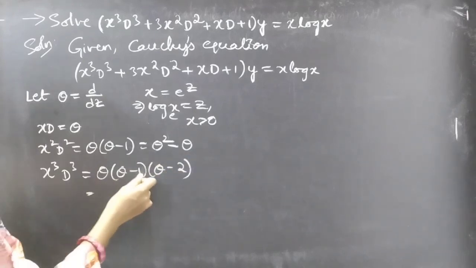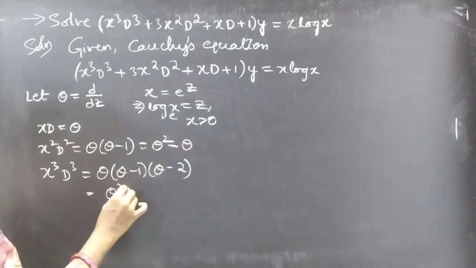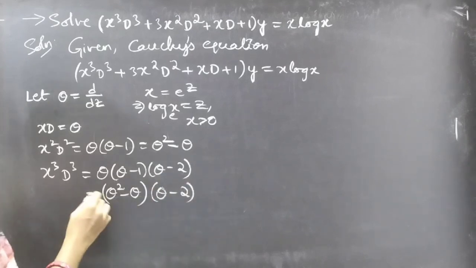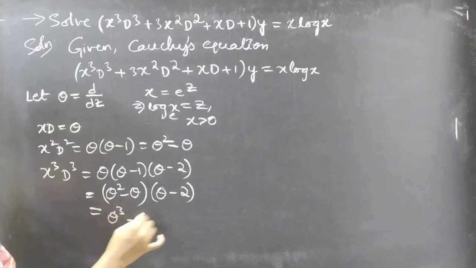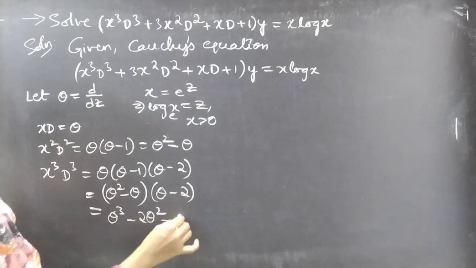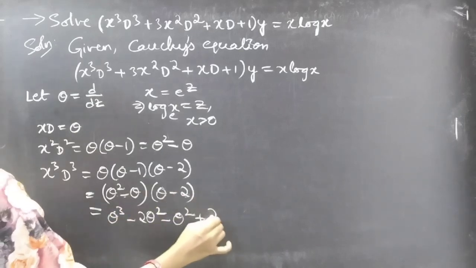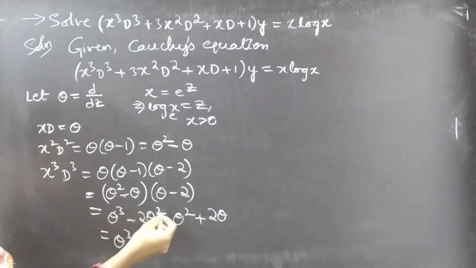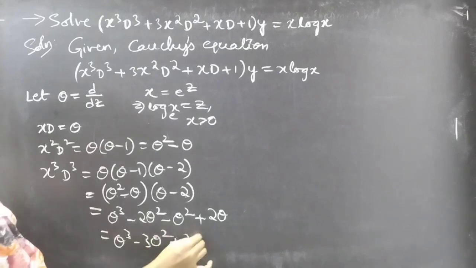Since theta into theta minus 1 is theta square minus theta, replace theta into theta minus 1 with theta square minus theta into theta minus 2, which equals theta square into theta, that is theta cube, minus 2 theta square, minus theta into theta square, minus theta into minus 2, that is plus 2 theta, which equals theta cube minus 2 theta square minus theta square, that is minus 3 theta square, plus 2 theta.